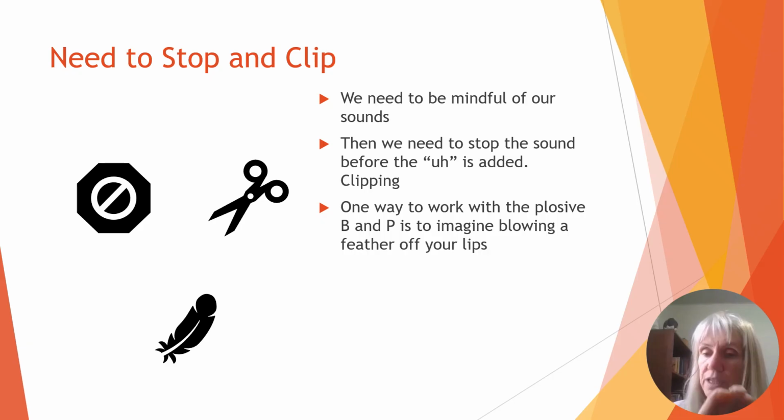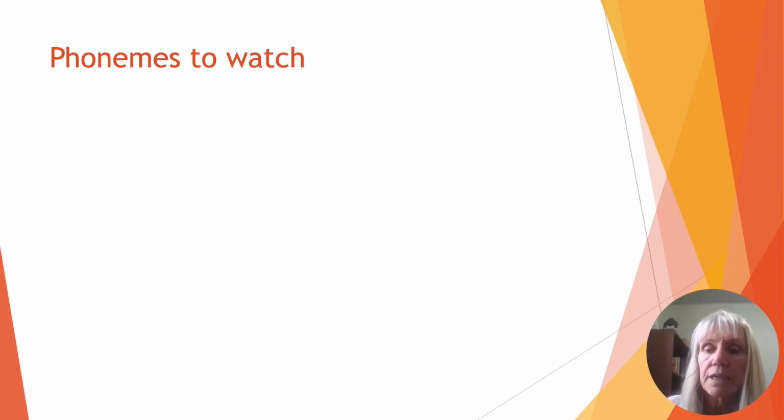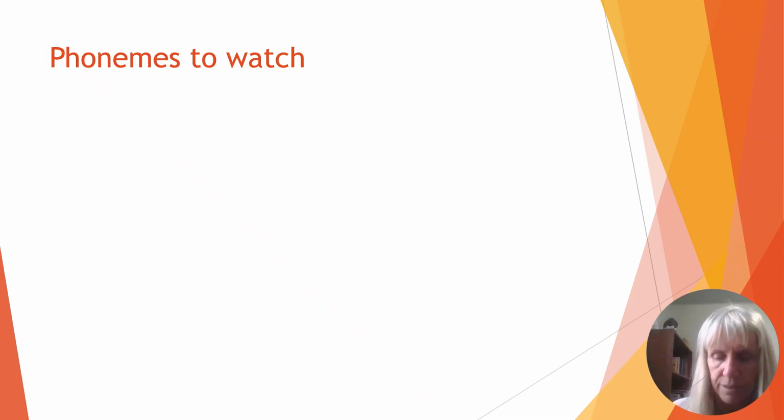If I notice when I do that and I have the piece of paper in front of me, that paper's going to move and you can try it for yourself. Whereas with the B, I'm not moving it, okay? So we're going to be careful with these phonemes when we're looking at a word especially and we see these letters and how we're pronouncing them, okay?